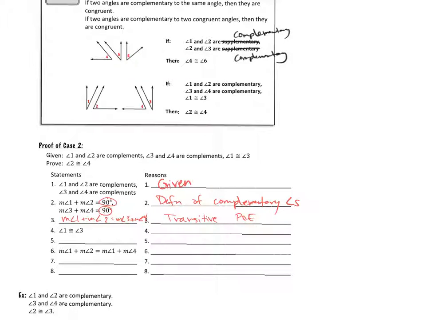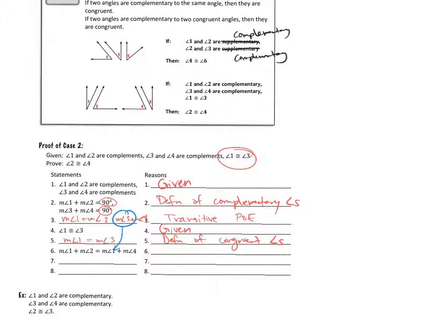Statement 4 is another given. And because I'm working in all of these things that are equal, I'm going to want to change this into the measure of angle 1 equals the measure of angle 3 using my definition of congruent angles. And now that I have this statement of the measure of angle 1 equals the measure of angle 3, this one I can substitute in and make that the measure of angle 1.